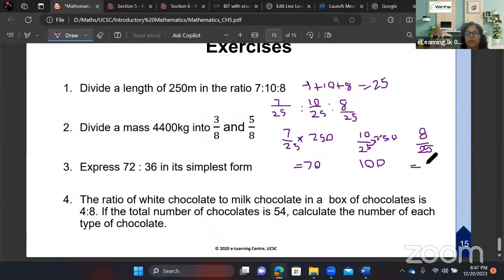Now we divide the length into each ratio. So 250 meters can be divided into the parts 70, 100 and 80.